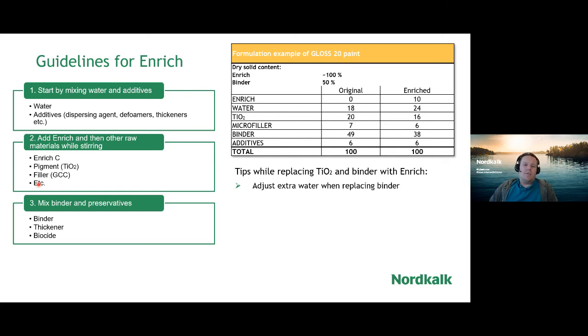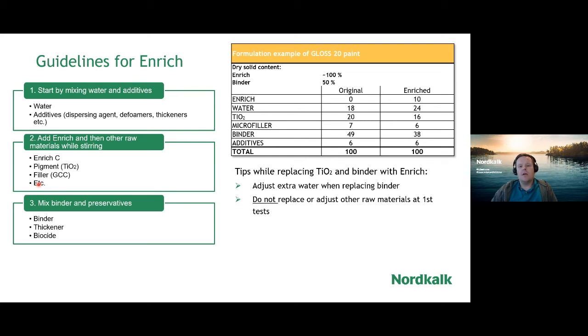I would start with replacing titanium dioxide. And binder, of course first adjusting water, but if the dry Enrich is used, the water still has to be adjusted from the binder, but not other raw materials. Start with maybe 5%, 10%, 15% of titanium dioxide replacement.